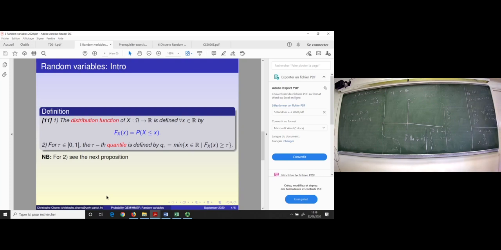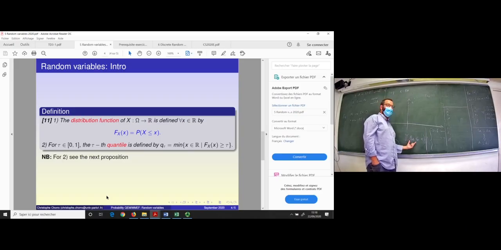It takes the value 0 when I am in A complementary.